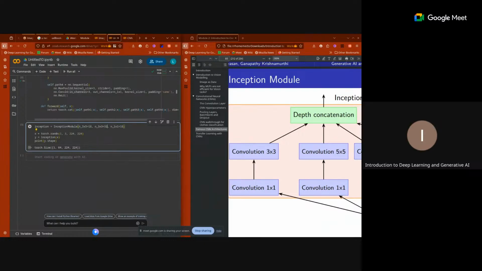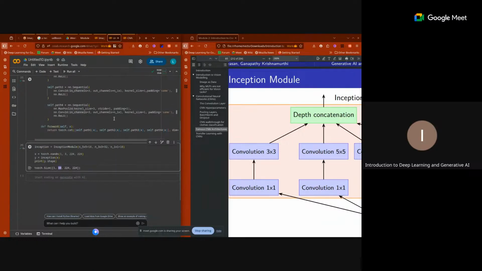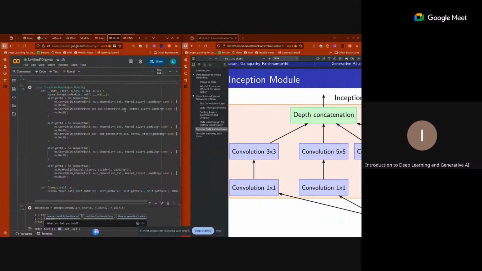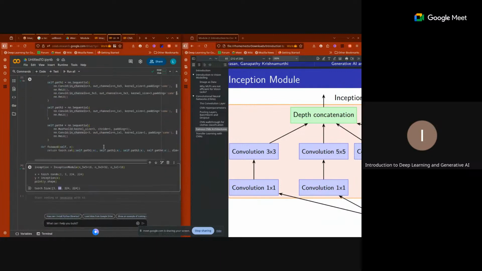If we change it to 32, then you can see this one changes. 16 plus 16, so this is the number of output filters, right? The number of filters coming out here, out channels, is this one. So 16 plus 16 and one more 16 and 32. How did it come to be 80?